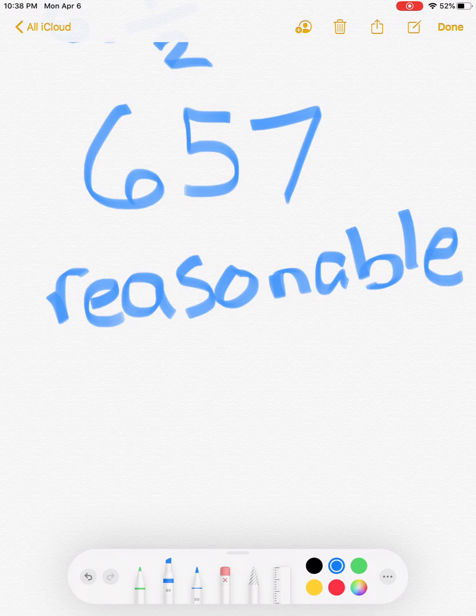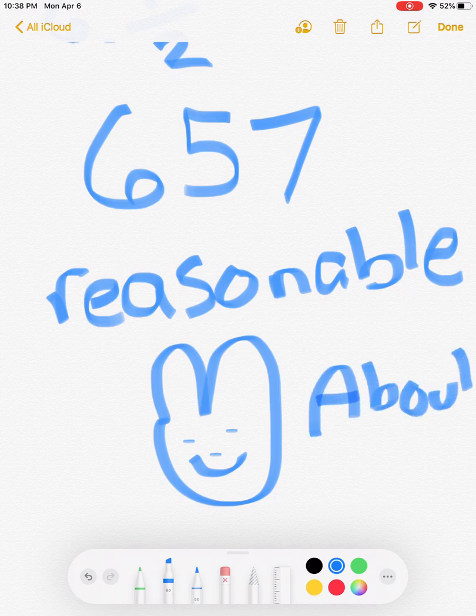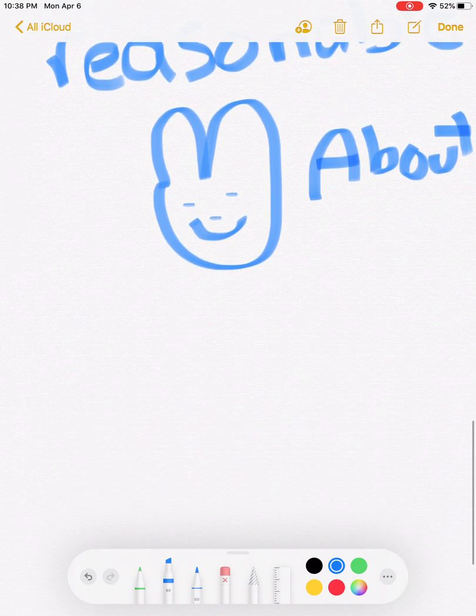It says Leandra feeds her pet rabbit Bounce the same amount of food each day. Bounce eats 3 times a day. About how much food does Leandra feed Bounce each day? The key word in that problem is about. So when you hear the word about, we know that we can estimate.